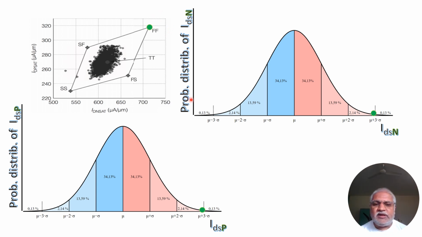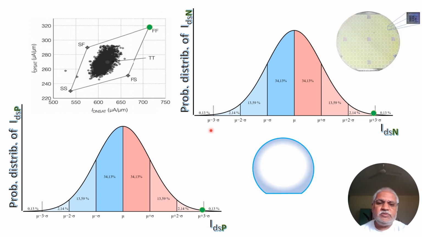In the same way, the corresponding wafer will be assumed to be like this. Some dies will be taken from this fast corner, and silicon validation and testing is done as part of it.